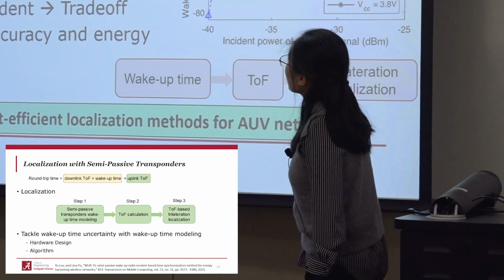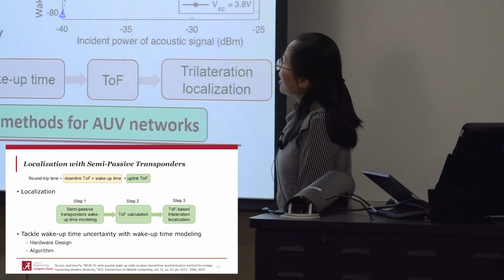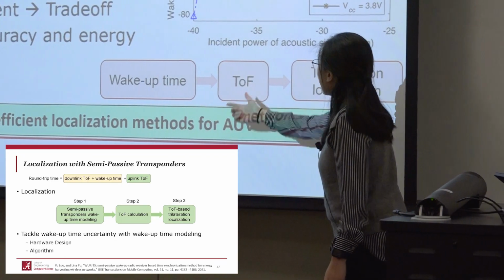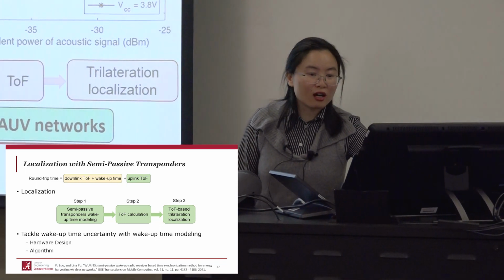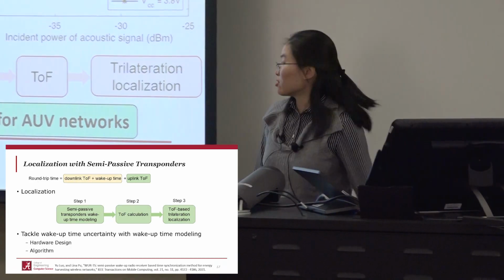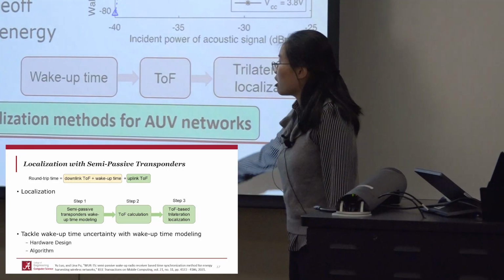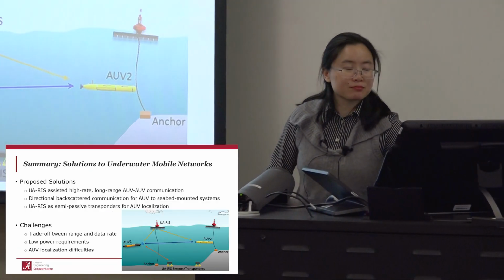For example, here we can achieve a 20 to 80 microsecond error, and with the wake-up time, we can get the TOF and use trilateration to localize the AUV. So that means we indeed can use RIS as a cost-efficient localization method for an AUV network.